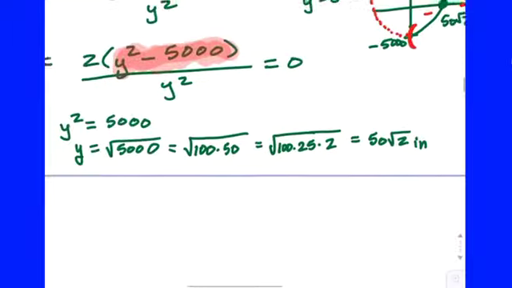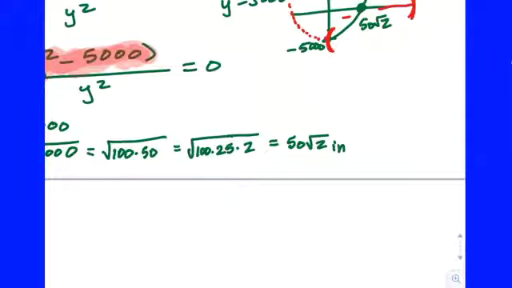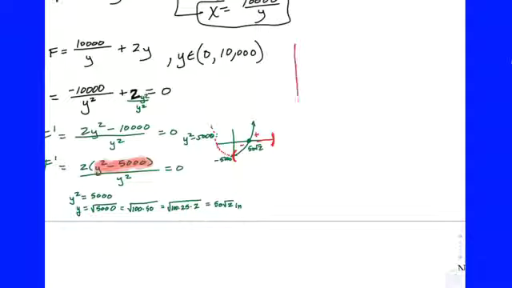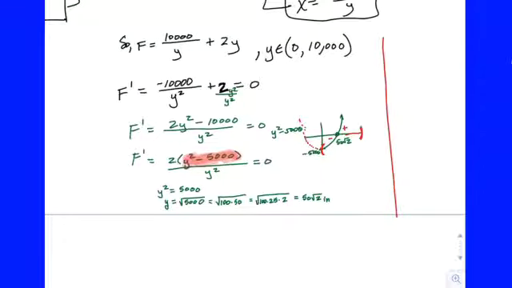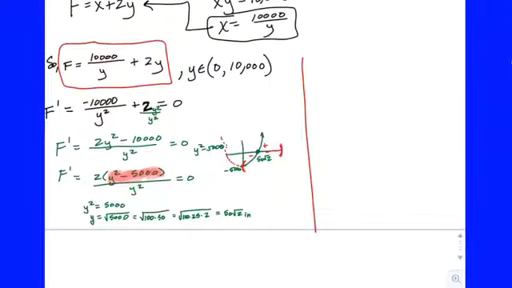Okay, so there's the amount. So that's just the y value. So we have our optimal value in our possession. Now we answer the question, what is the least amount of fencing required? Okay, so to figure out the least amount of fencing, we need to come back over here and plug it into our fencing equation. Okay, so let's do that.